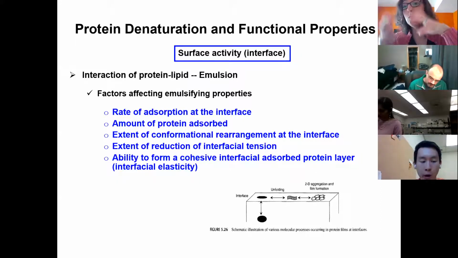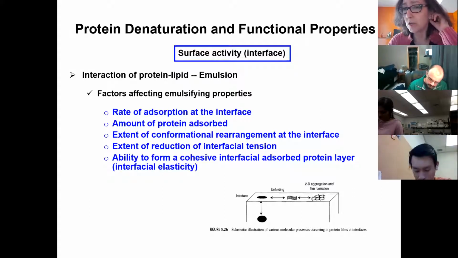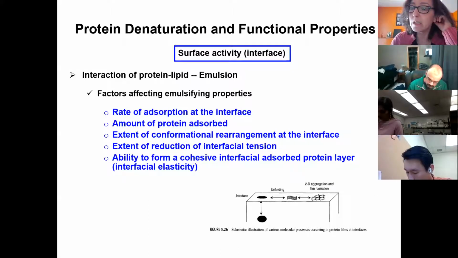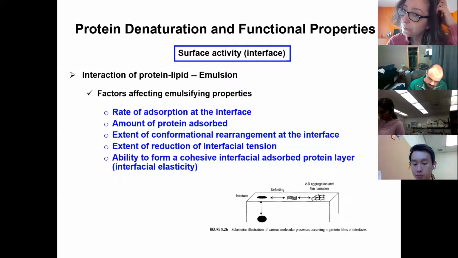Or potentially if you put them together before you form the emulsion, the surfactants are going to take more space in that film than the protein, because they move faster to the interface and they are better at orientating, especially lecithin. For example, you have the phosphate groups and then the two fatty acids.